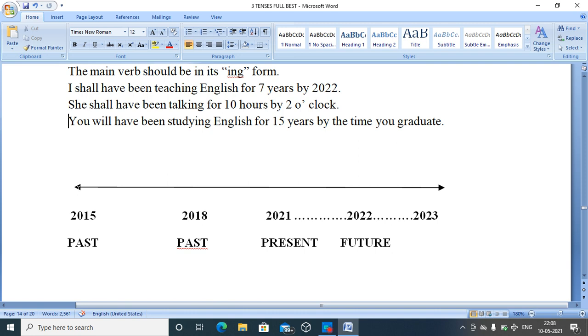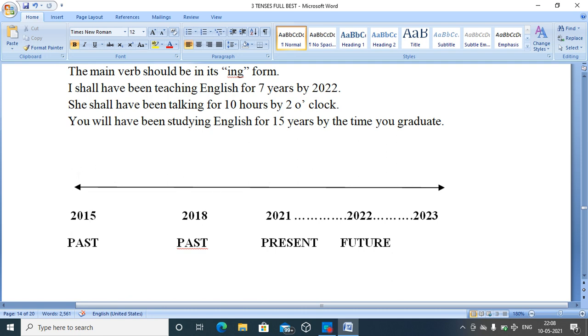But here it began in the past, and with 2015 you can take this arrow mark here to be the beginning point. Then it's going on and going on. 2018 again another past point, but you didn't end the action. In 2021, in the present, at the time of your speaking also you are going on, sometimes about studying or teaching.